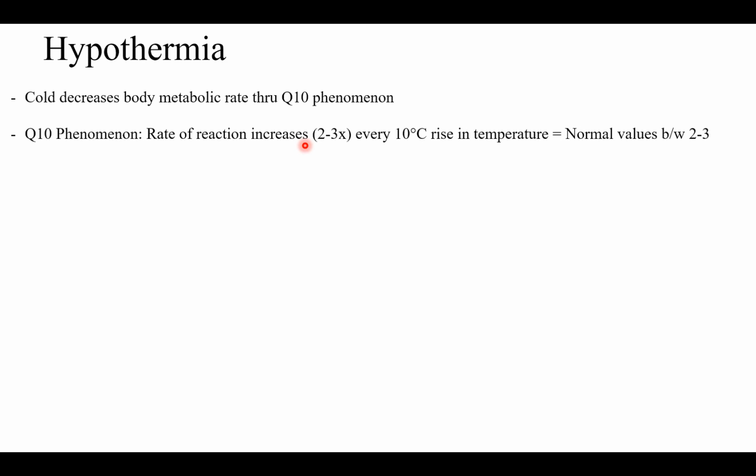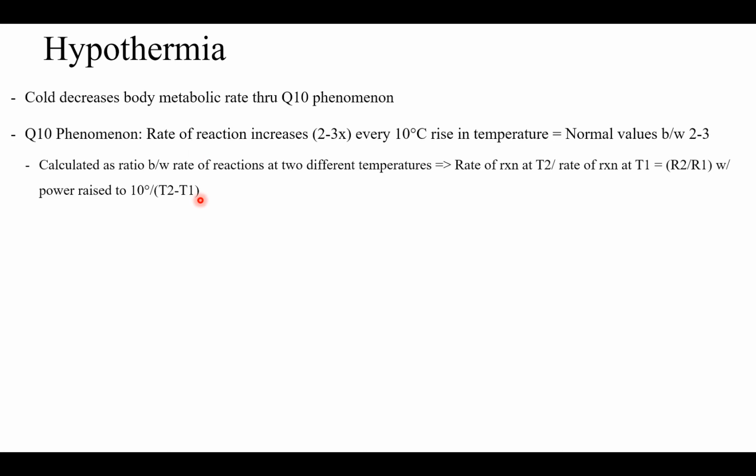And if you have a 10 degrees decrease in temperature, then you'll have the reaction rate decreasing by 2 to 3 times. So Q means every 10, meaning 10 degrees centigrade. That's how it becomes Q10, and that's how it affects the rate of metabolism in the human body, that it decreases with cold.